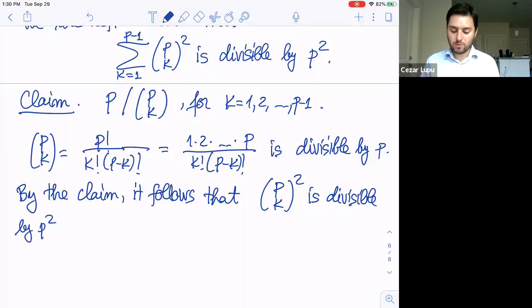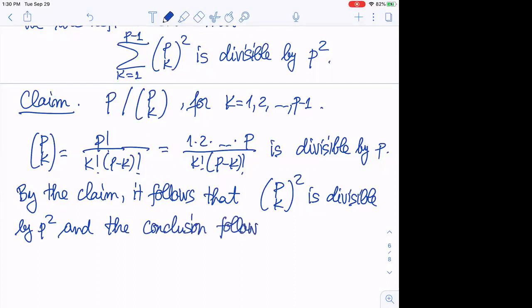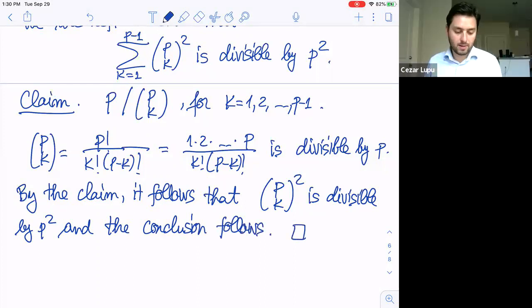And the conclusion follows immediately because you just sum up everything. So the sum is divisible by p squared. Is it clear for everybody what I'm doing? Yeah. So that's it. That was the trick.